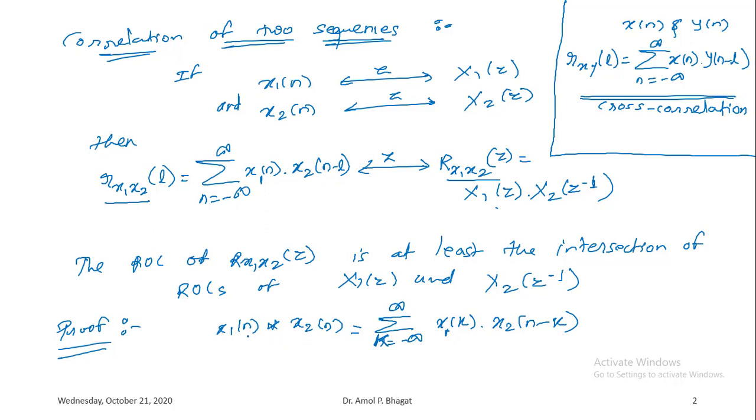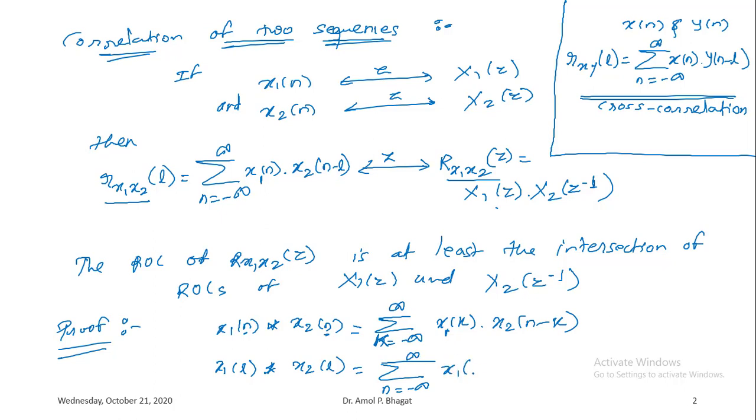So just for example, if I'm taking the variable here as L, okay, so this x1 of L convolved with x2 of L, and in place of this variable k, if I'm taking n, n is equal to minus infinity to infinity, right?